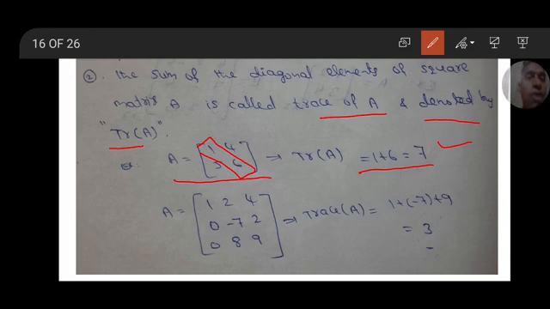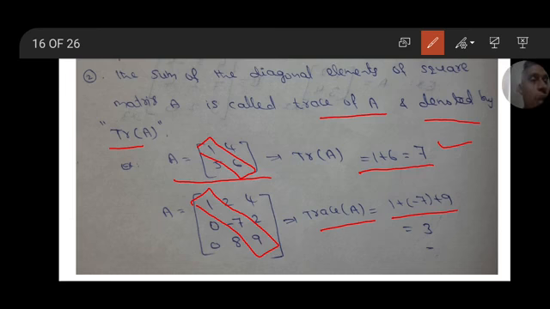And second example, A equal to 1, 2, 4, 0, minus 7, 2, 0, 8, 9. So diagonal elements are 1, minus 7, 9. So trace of A equal to 1 plus minus 7 plus 9, the sum of the diagonal elements.